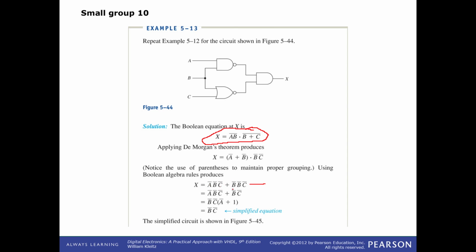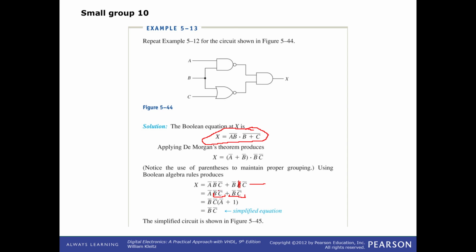And then you'll notice not B and not B are both there, the same exact quantity ANDed with itself, so we can eliminate all of them but one. So we're left with the not B with the not C there. We'll notice that there's a not B, not C term there, and there's also one here.